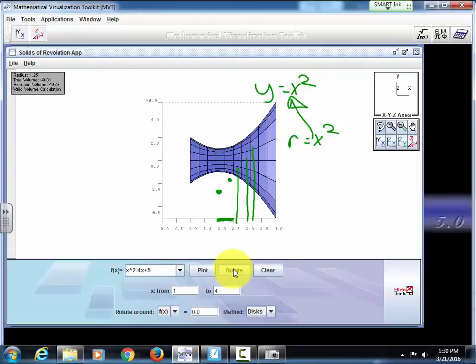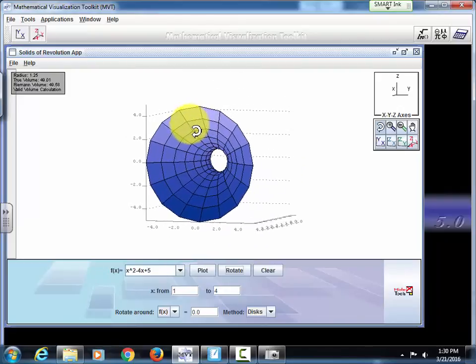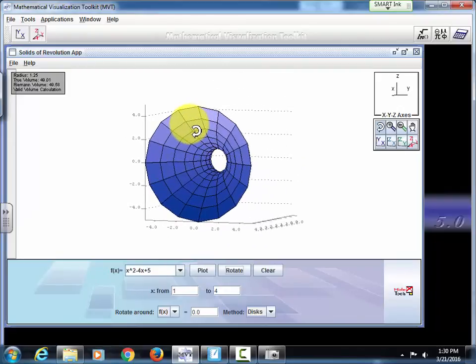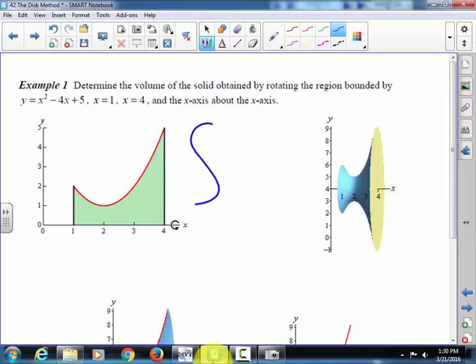And if we rotate that, that's what we get. So here's what we're looking at. Something like this. We're asked to find the volume of that. Are you with me? Okay, so what does our integration look like? We're integrating what?